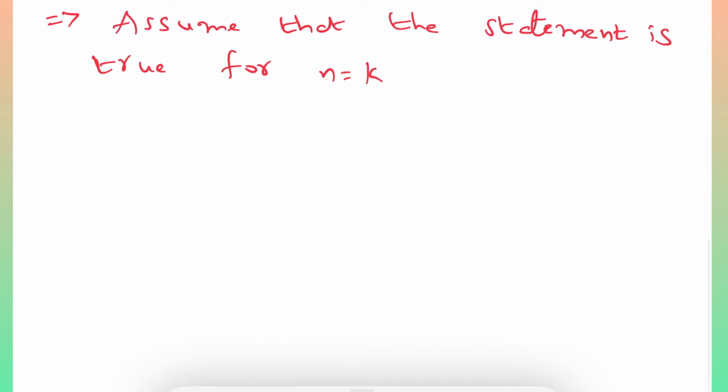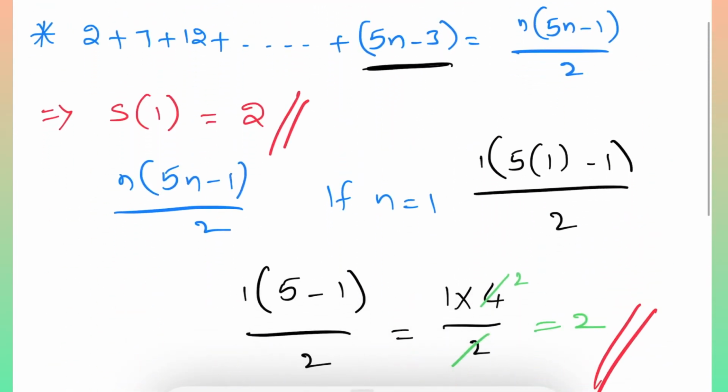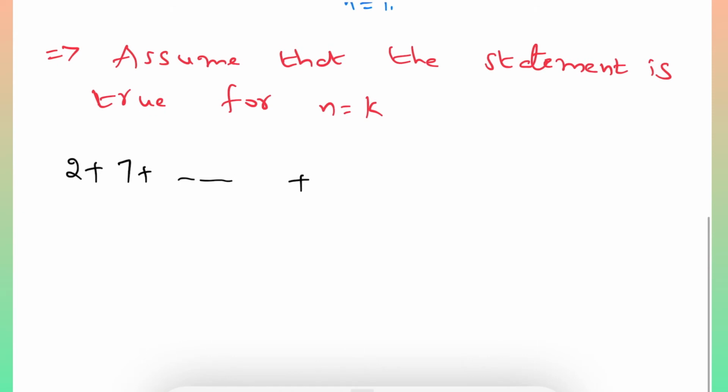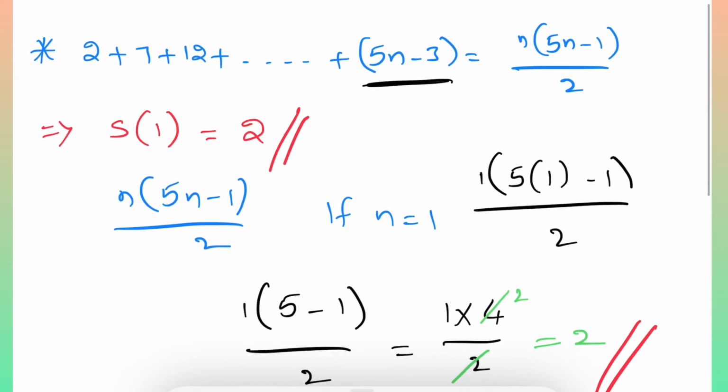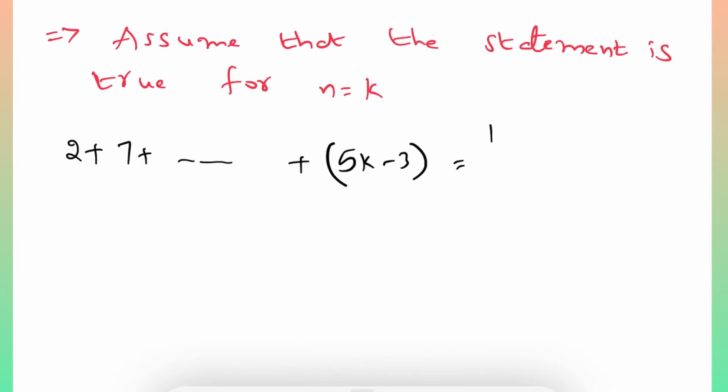We get 2 + 7 and so on + (5k - 3), which equals the right side, n(5n - 1)/2, with k substituted: k(5k - 1)/2. This is the second step.